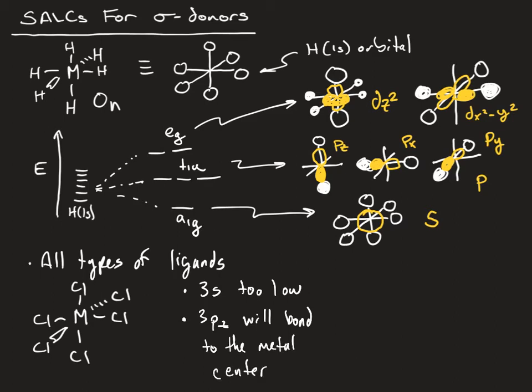So your SALCs will be formed by combinations of the 3pz's. For example, if we just look at the EG from pz combinations, what these would look like, drawing out the axis system for our degenerate orbitals.